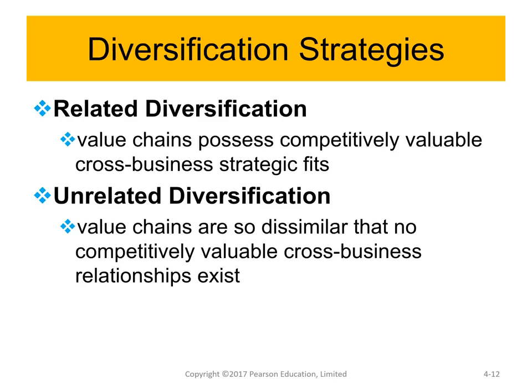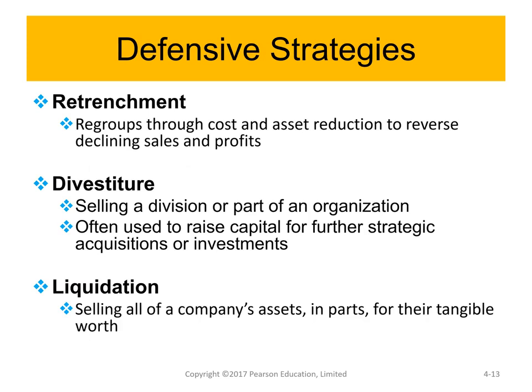Now, diversification can be either related diversification, where the value chains possess competitively valuable cross-business strategic fits, or unrelated diversification, where value chains are so dissimilar that no competitively valuable cross-business relationship can exist. There are also certain defensive strategies that firms can take, and we have seen this today due to the present environment that many businesses are faced with.